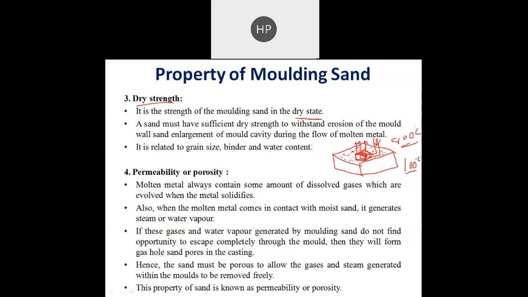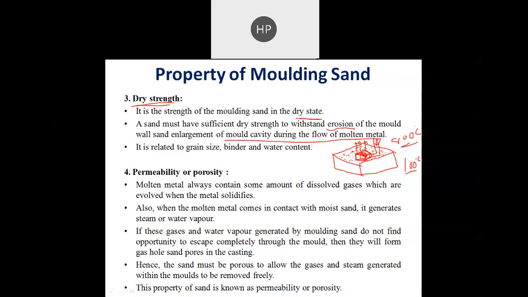That's why the green strength is required, and the sand should not erode when we fill the molten hollow cavity with the molten metal. And that's why this dry strength is the important property of the molding sand.